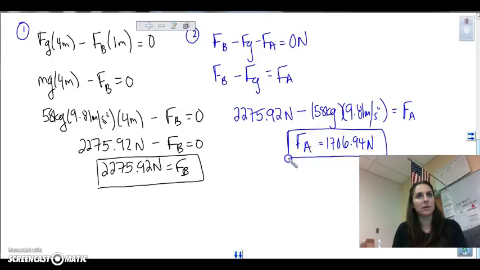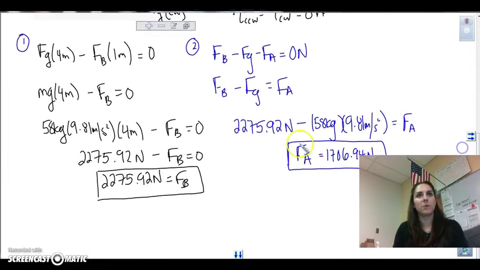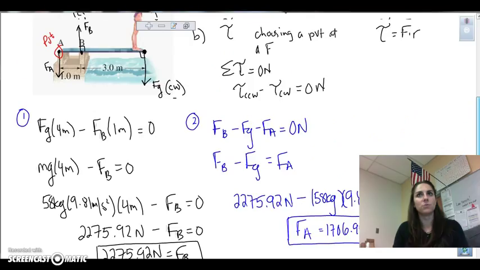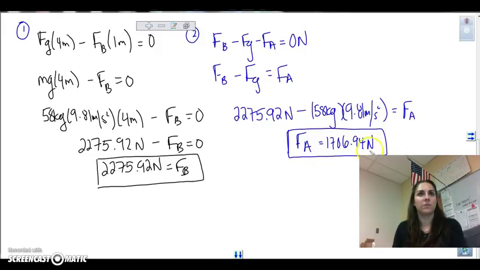So that is the magnitude of the force. And since this number came out positive, that means I chose the right direction. In other words, this is going the way I defined it, which is down like this. Sometimes I don't know, and it doesn't matter as long as in the end you can figure it out. The fact that it's positive means I chose this direction as negative, because I implied this as negative before. So moral of the story, that is the official final answer for the force of A.